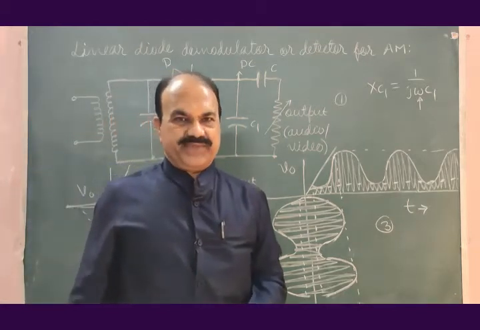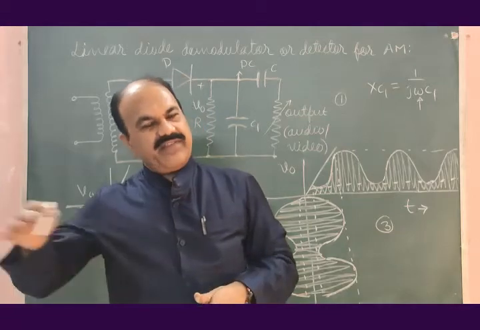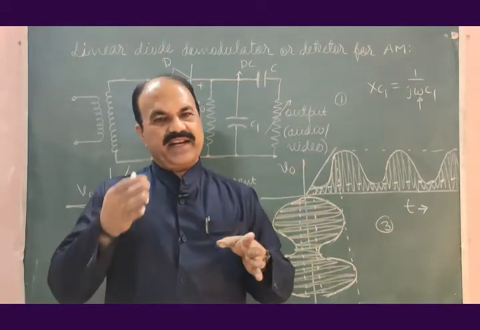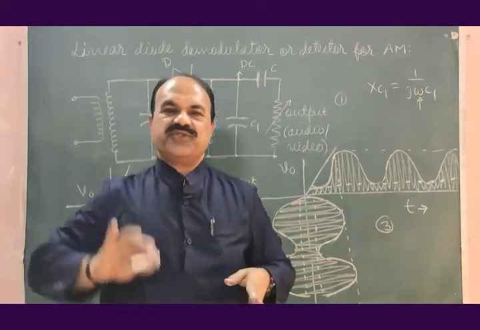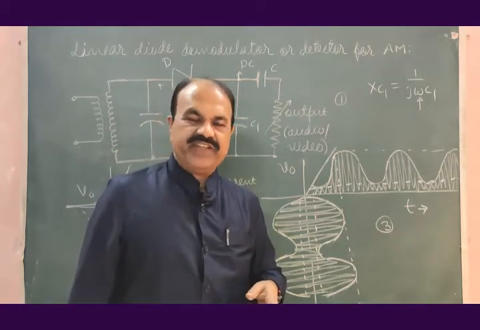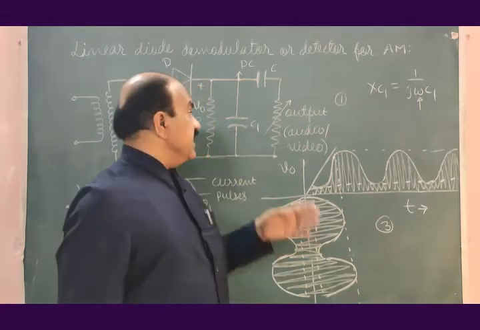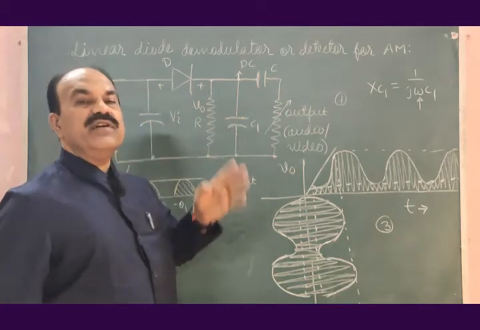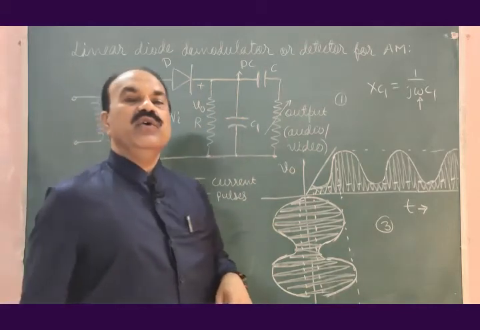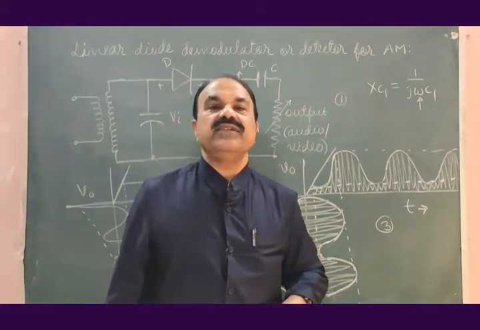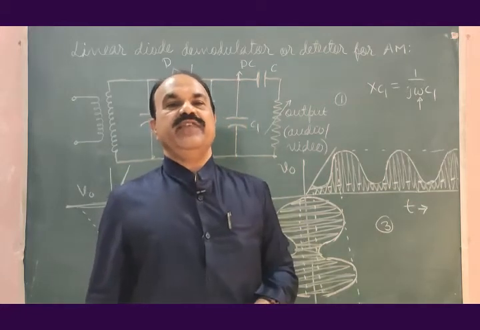It isolates the carrier frequency and modulating frequency. Carrier frequency is simply bypassed to the ground as it is very high. The charging and discharging of C1 through R will take place at the rate of the modulating frequency.